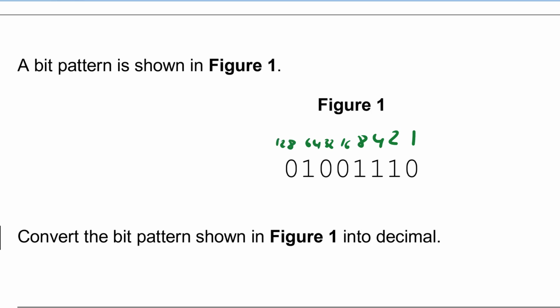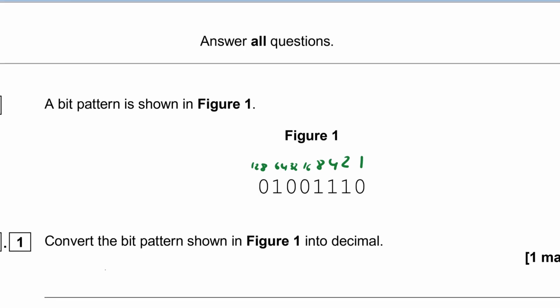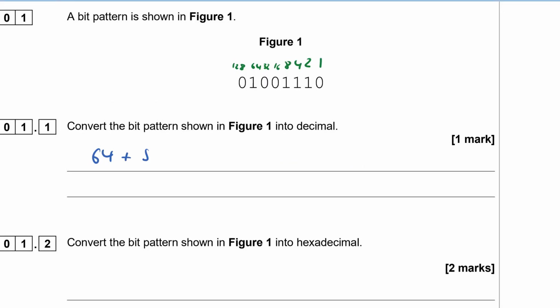When going from binary to decimal, all we do is add up the place value headings when there is a 1 underneath. So here I'm going to add up 64, 8, 4 and 2. Well, 64 plus 8 is 72, plus 4 is 76, plus 2 is 78, which is our answer.